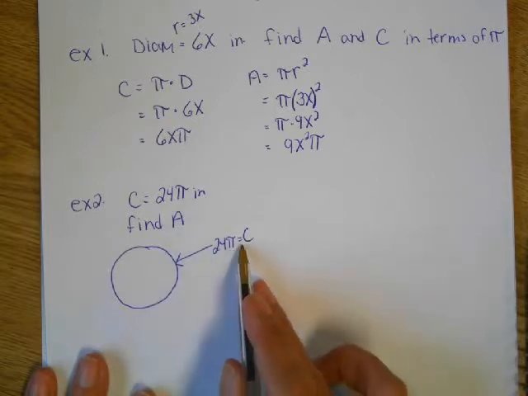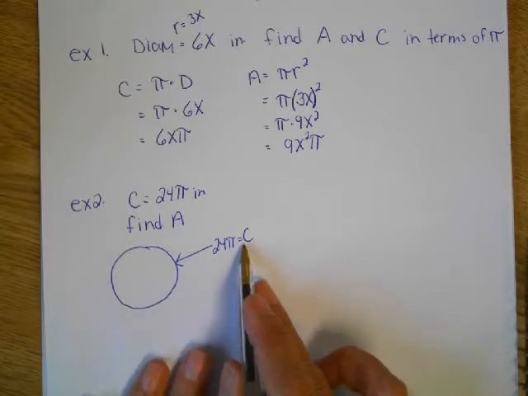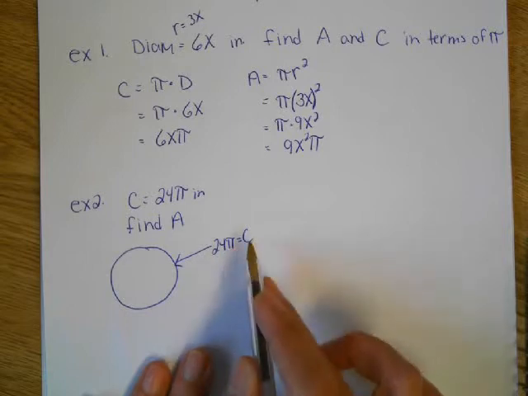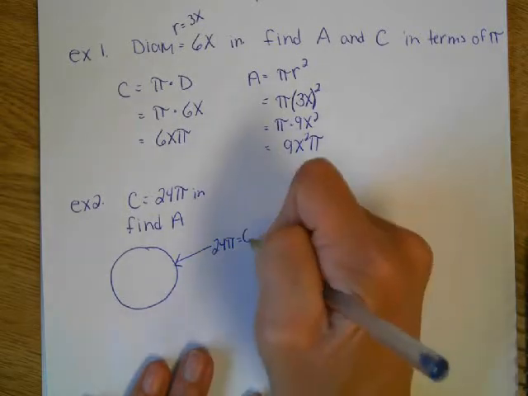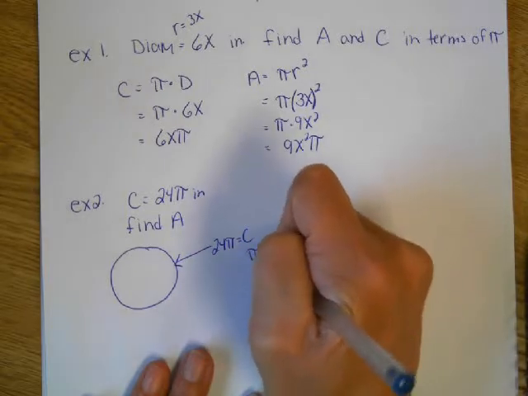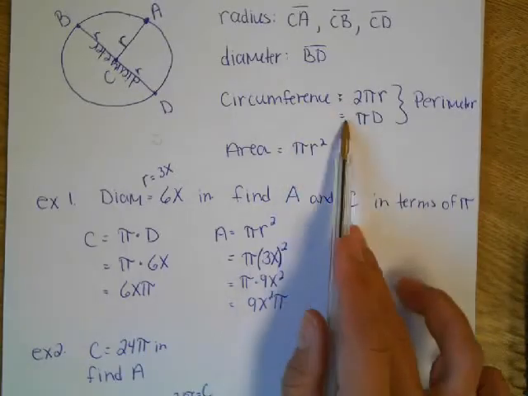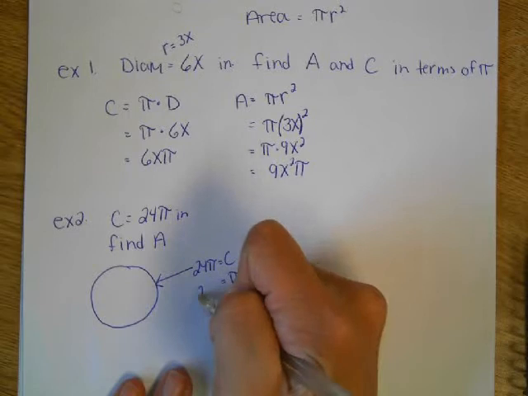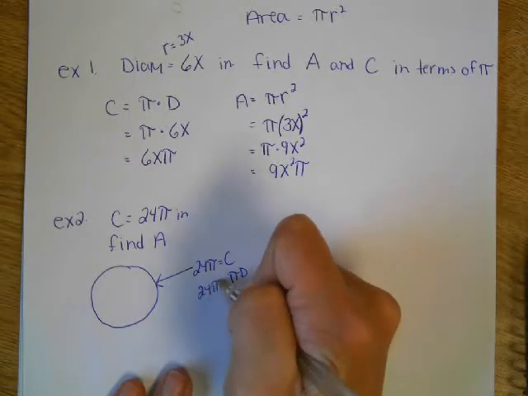I know this is the circumference, and I know the circumference is found using the diameter. Because to get 24 pi, that's equal to circumference. If I substitute the formula in for circumference, I can put pi d here. Direct substitution of circumference equals pi d, putting pi d in for the circumference, keeping the 24 pi.